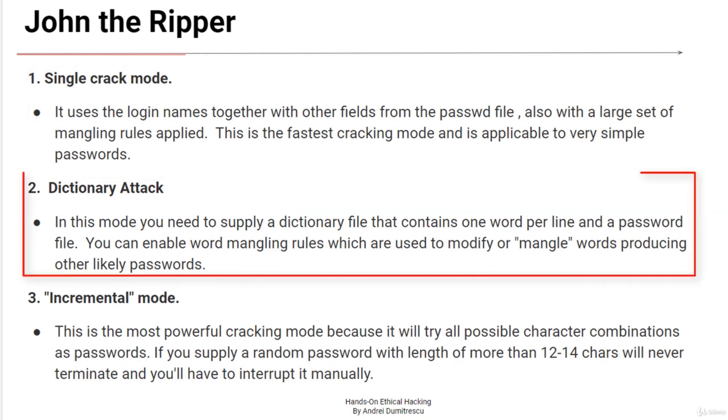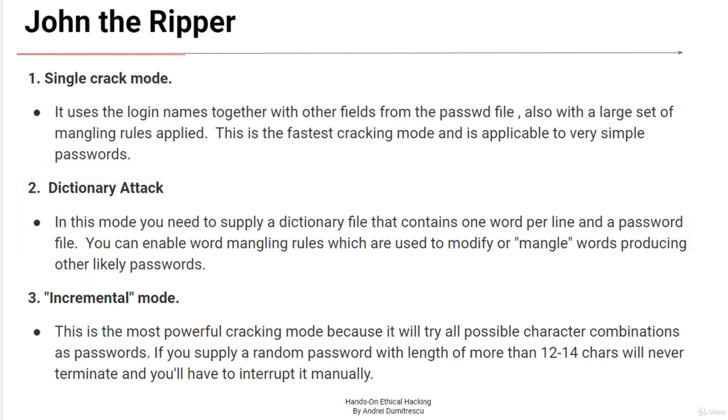If you use the dictionary attack, you must supply a dictionary file that contains 1 word per line and the password file. You can enable word mangling rules, which are used to modify or mangle words producing other likely passwords. If enabled, all the rules will be applied to every line in the word list file, producing multiple candidate passwords for each source word.